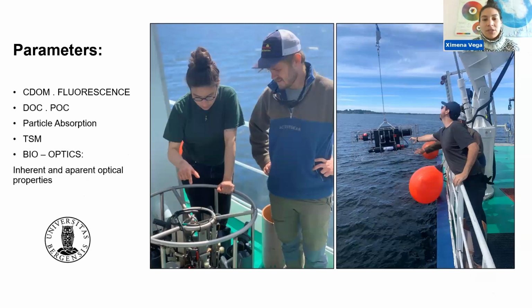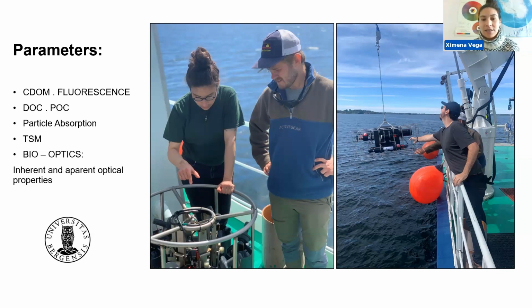So the parameters that I decided to look at are colored dissolved organic matter, which is the colored fraction of organic matter. This is quite important, because this fraction allows us to look at, for example, the concentration or distribution of organic matter from products such as satellite images.